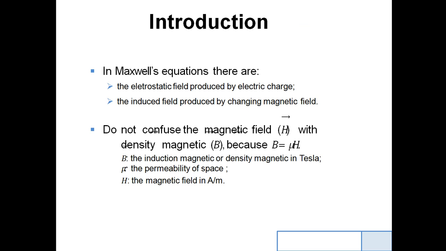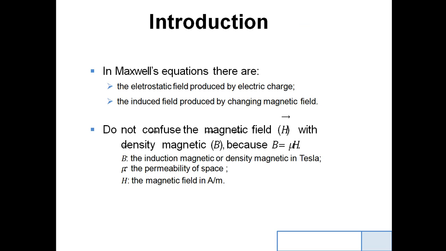So the introduction is that in Maxwell's equations there is the electrostatic field produced by the electric charge, and the induced field produced by the changing magnetic field. Do not confuse the magnetic field with B, which is the magnetic flux density, and B is equal to mu H, where B is the magnetic flux density, mu is the permeability of the medium, and H is the magnetic field strength.